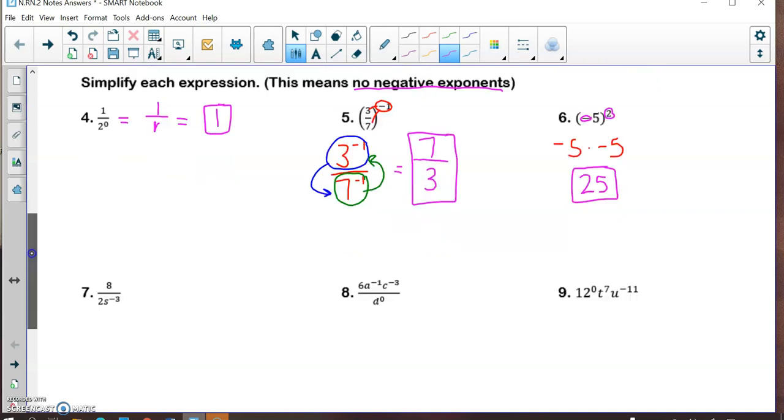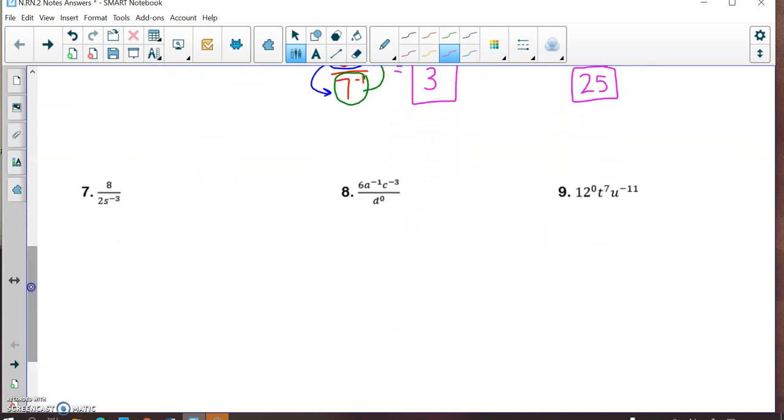All right, number 7. Now, number 7's a little bit tricky. One thing that we can do is an 8 divided by a 2, which is a 4. That 4 would go in the numerator, and then I still have this s to the -3rd power in the denominator. Now that s to the -3rd power, we need to make it into a positive exponent.